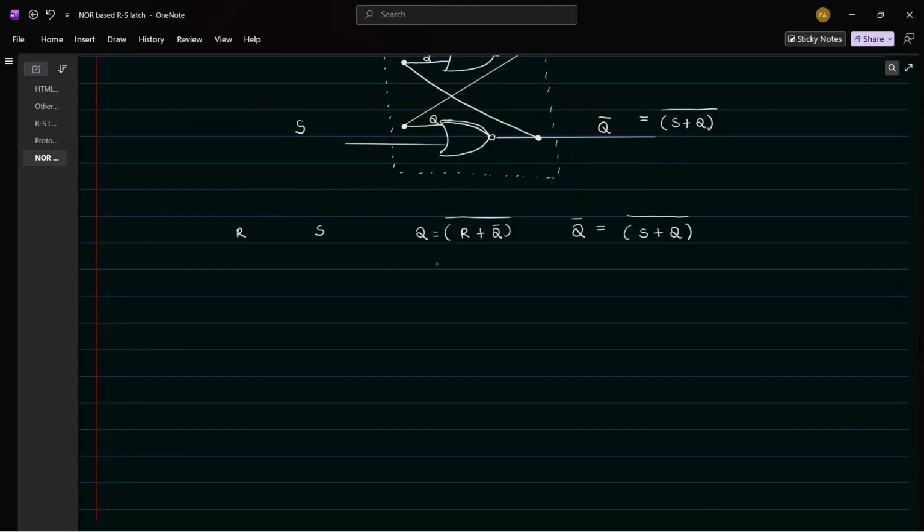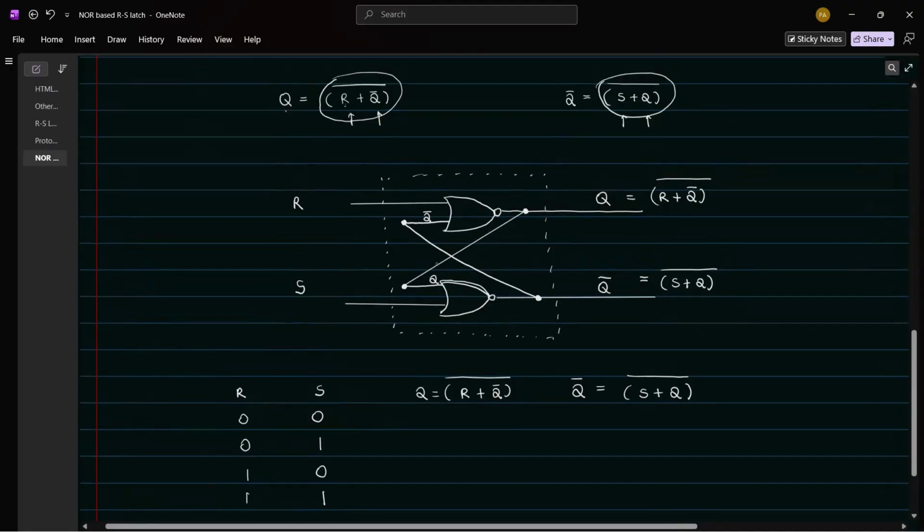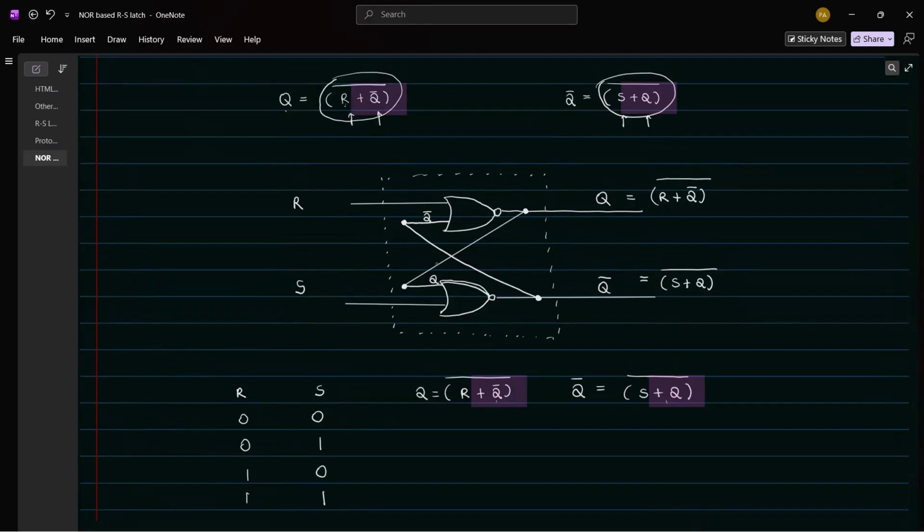Let's put the combinations also: 0 0, 1 1, 0 1, 1 0. When we say Q bar here or Q here, that is not Q bar now or Q now. That is Q bar previous and Q previous. Here the Q bar is actually the opposite of Q previous.